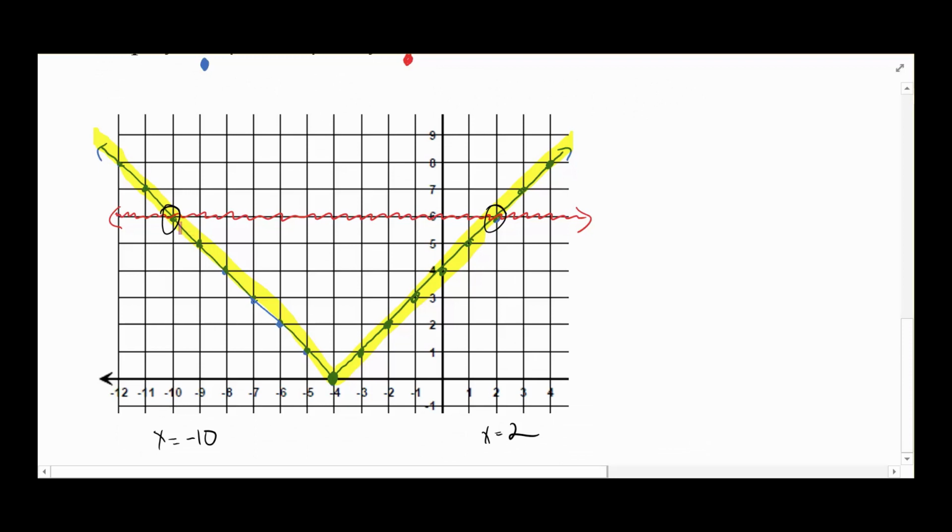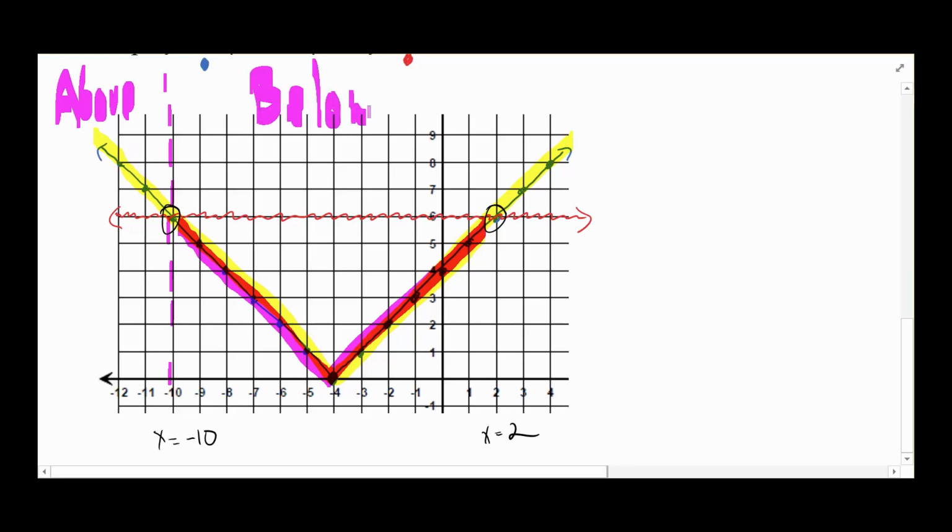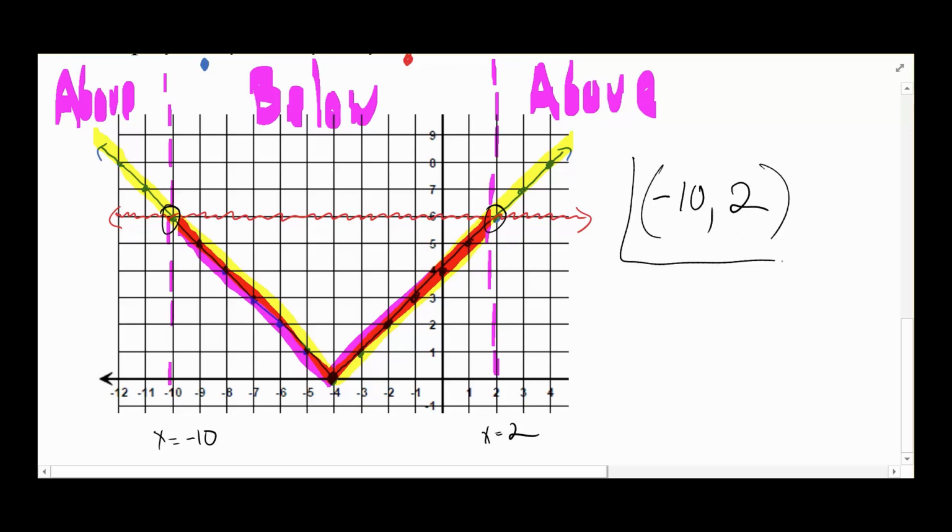If we come back to the picture, it was above here, then it was equal, then it was below, then it was above. So if I only want to know when it was below, it's from negative 10 till 2. And that's actually the answer to this problem, the interval from negative 10 to 2.